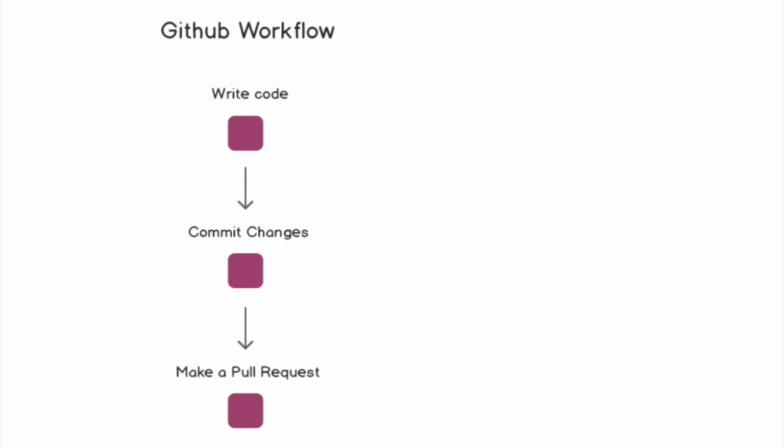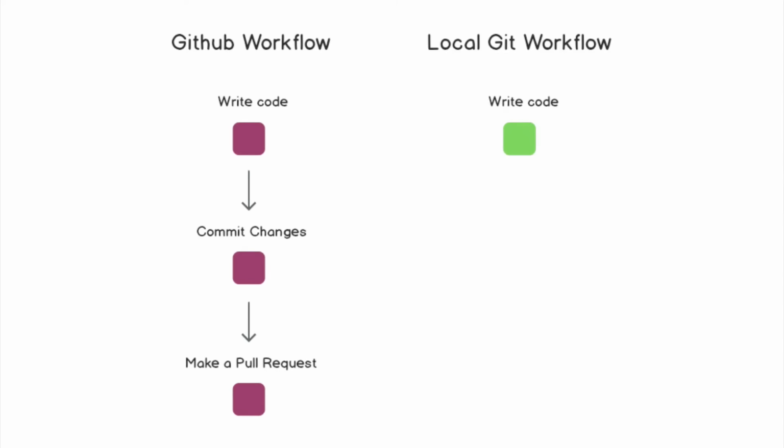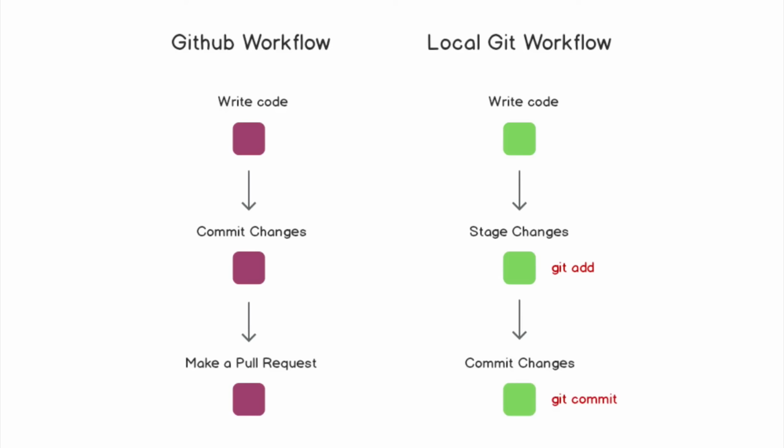So let's compare this workflow if we're just writing code on GitHub versus doing it locally and then pushing it up to GitHub. Locally in our text editor, we wrote the code and then we had to do git add to let Git know about the changes. And then we saved them to Git using the git commit command.